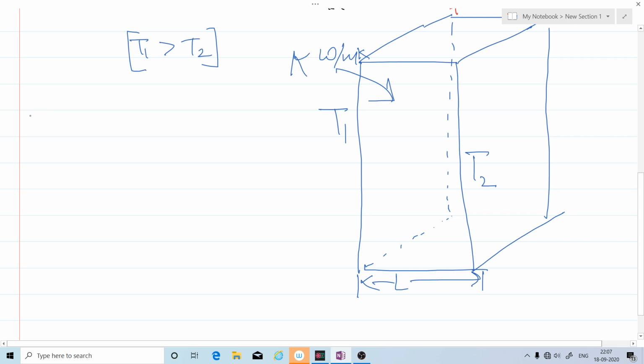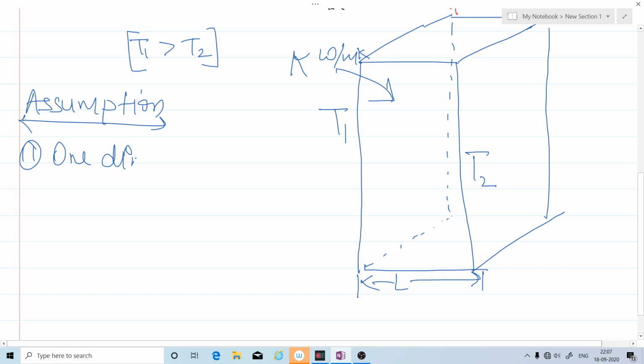Before studying the slab, let us look into certain assumptions that we will be considering while analyzing this problem. Assumption number 1 is that heat transfer takes place in one direction only, that is, one dimensional conduction.